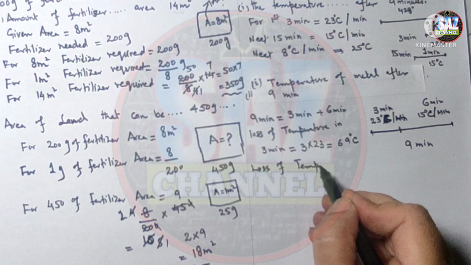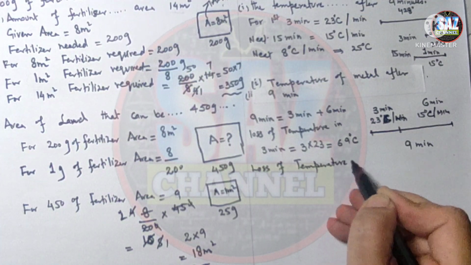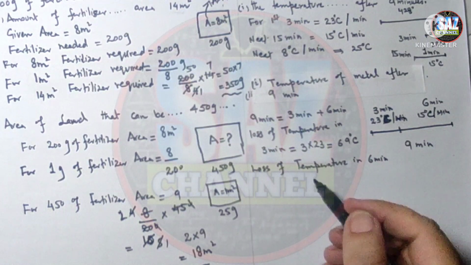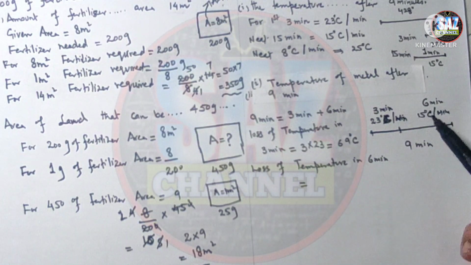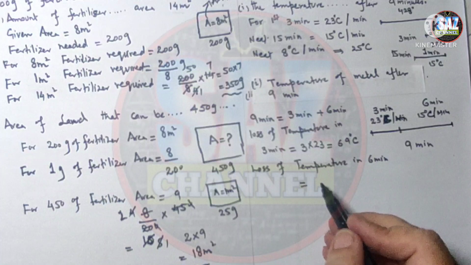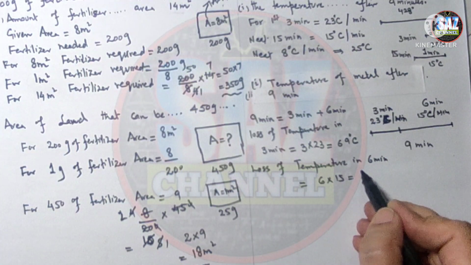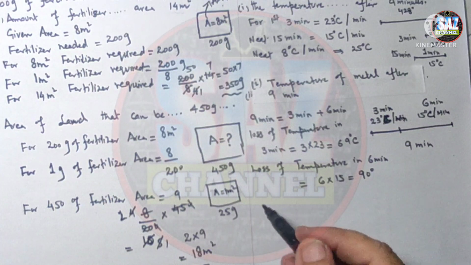Temperature in 6 minutes, and what is the rate? Rate is 15 degrees centigrade. 6 multiplied by 15, which is equal to 15 times 6 is 90 degrees centigrade.